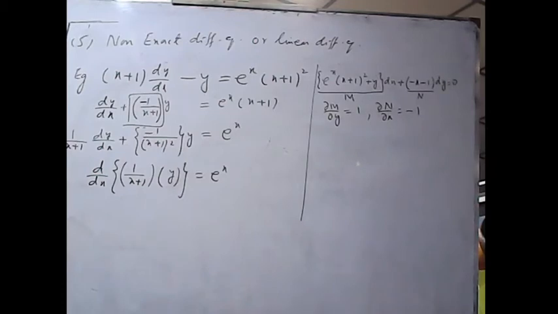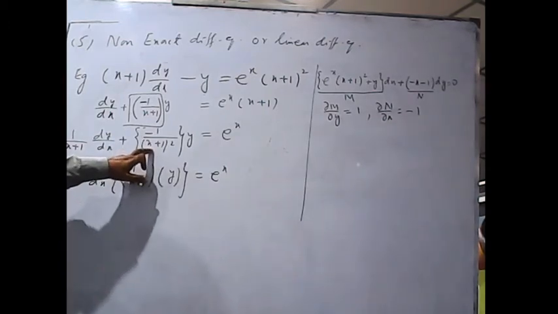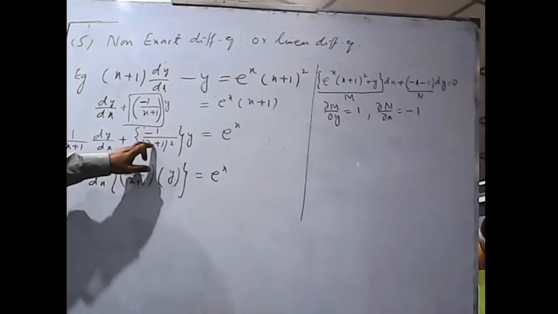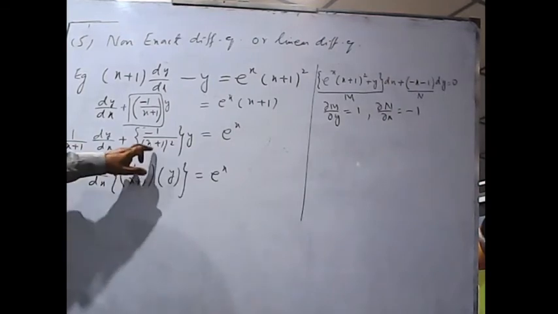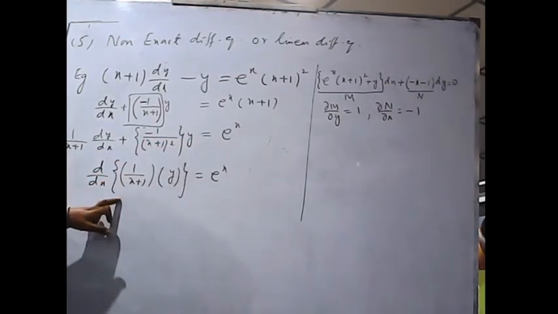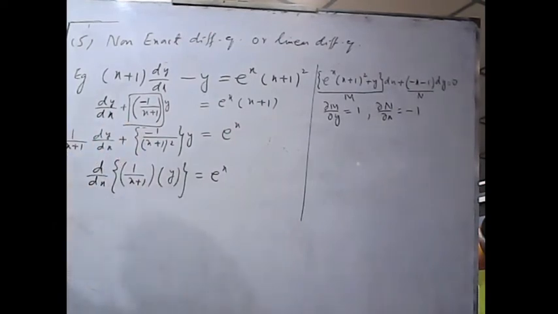So you can write this as minus 1 upon x plus 1 whole square, where minus 2 changes into plus 2. So this is the exact derivative of the integrating factor, or derivative of u, with y as it is. The minus sign is also maintained.